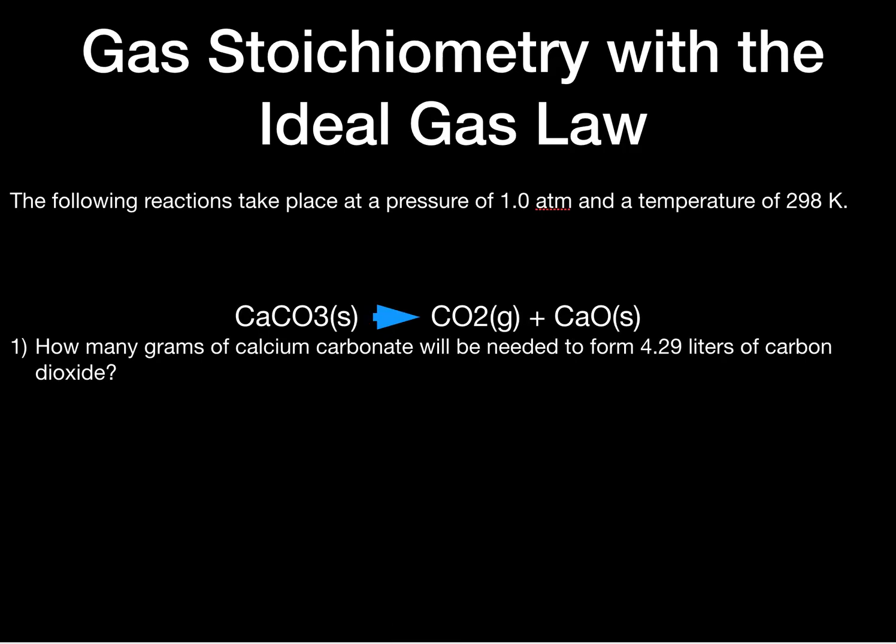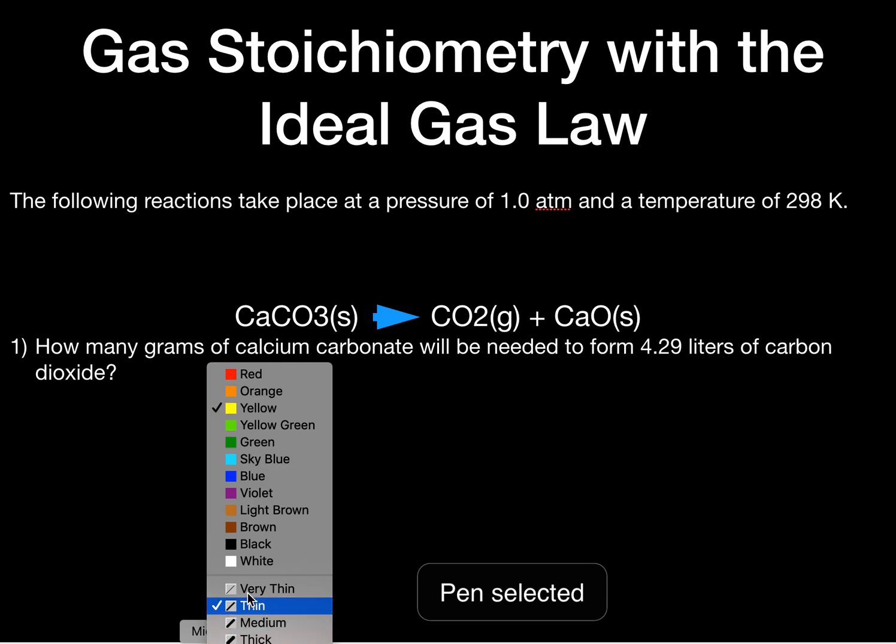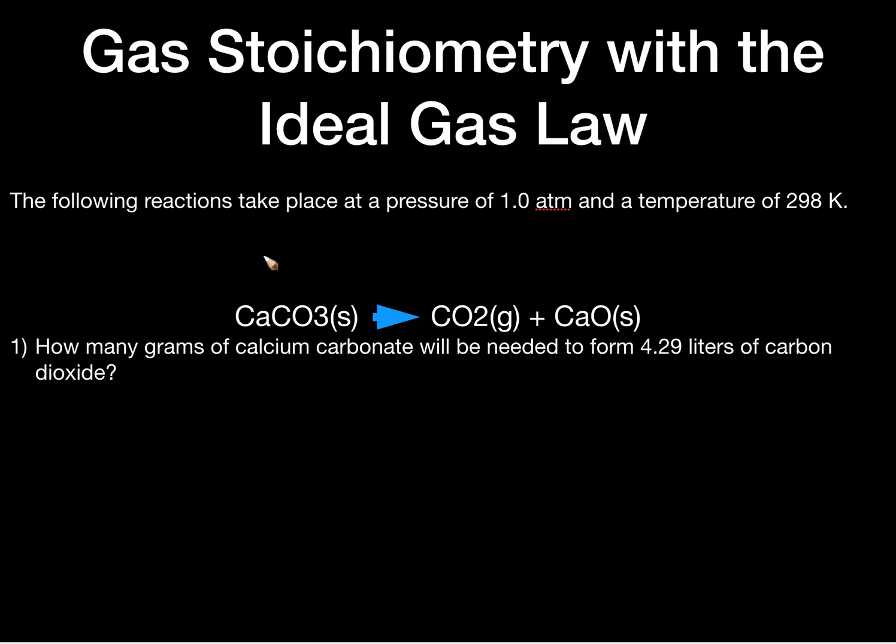Okay, so we just have one problem here. It says the following reaction takes place at 1 atm and a temperature of 298 Kelvin. And we have the decomposition of calcium carbonate. So how many grams of calcium carbonate will be needed to form 4.29 liters of CO2.